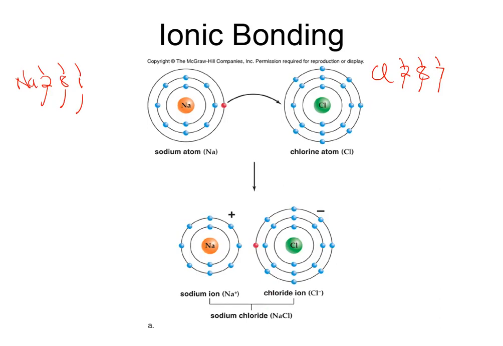But by octet rule, sodium will want to have 8 electrons in the outer shell. The same thing, chlorine will want to have 8 electrons in the outer shell.